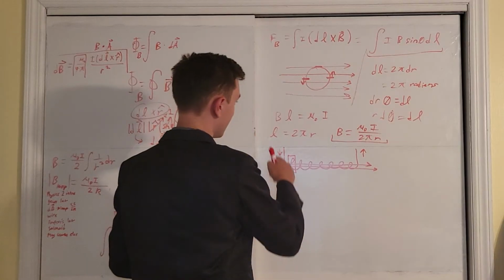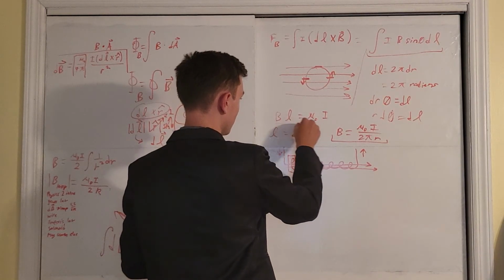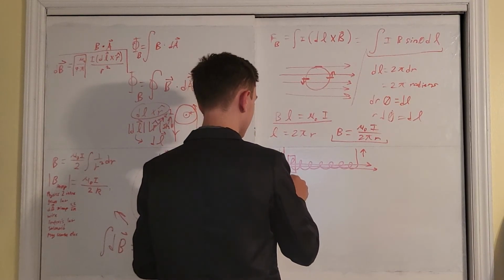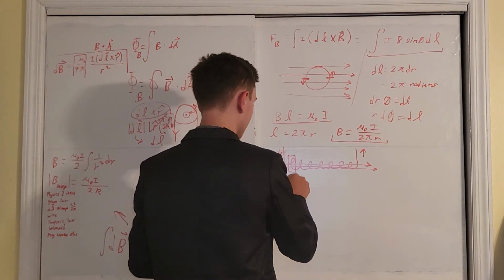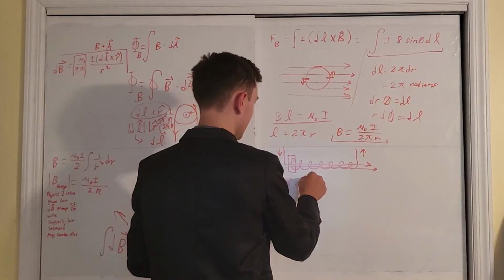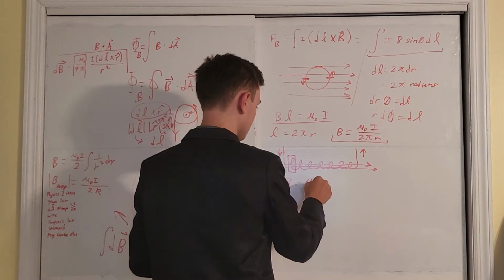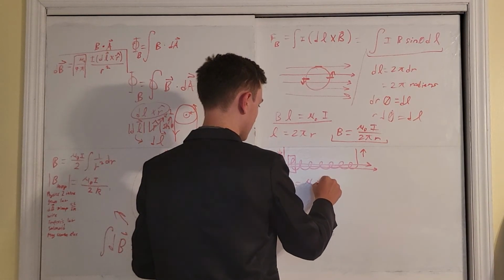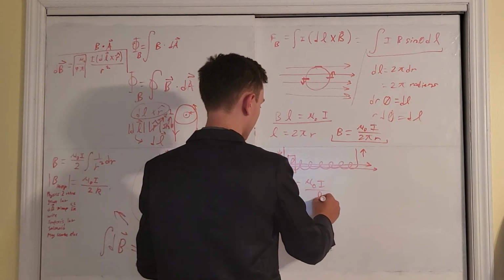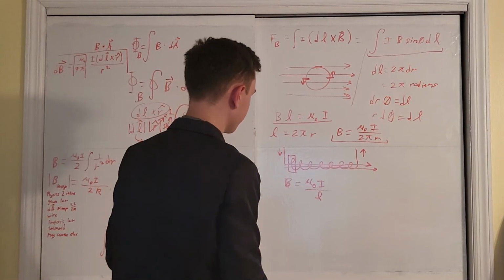So if I then apply this derivation to my solenoid, I get that the magnetic field contribution from a single loop of wire is equal to mu naught times the current flowing through that single loop divided by the length of that loop.